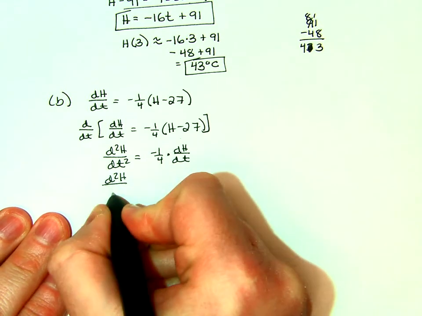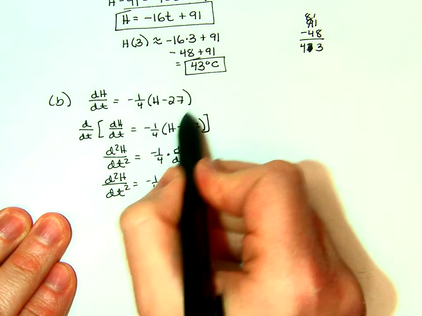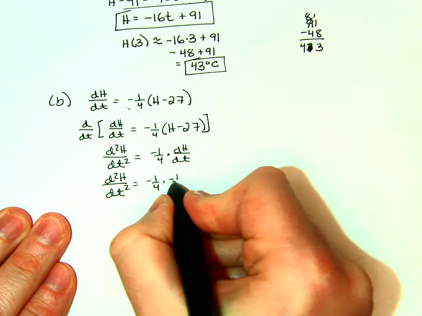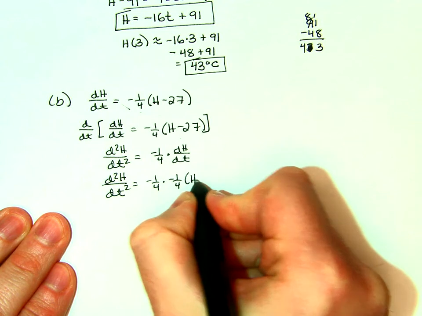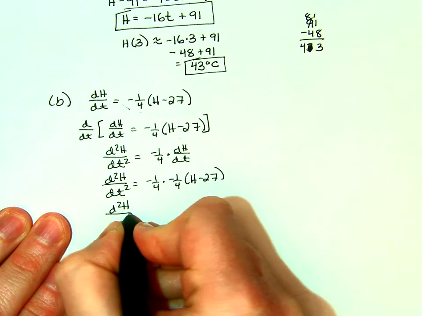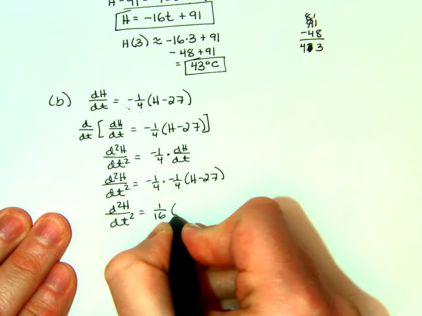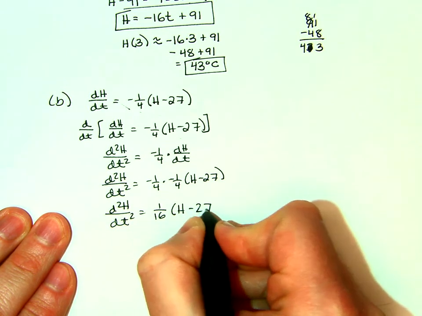So I'm going to replace my dh dt with the formula that I have over here for it, negative 1/4 times h minus 27. d squared h dt squared equals 1/16 times h minus 27.